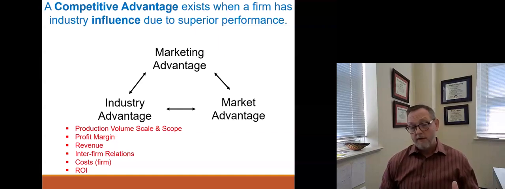Whenever you put money into something, you want to know what the rate of return is for that amount that you're putting in. So ROI, return on investment, is something we routinely look at, and those all drive your ability to be financially superior to your competitors, which is a form of advantage.